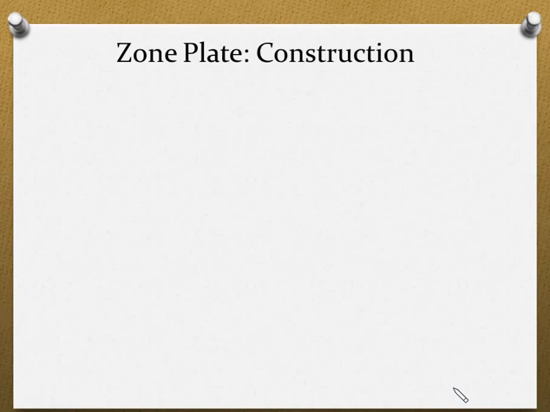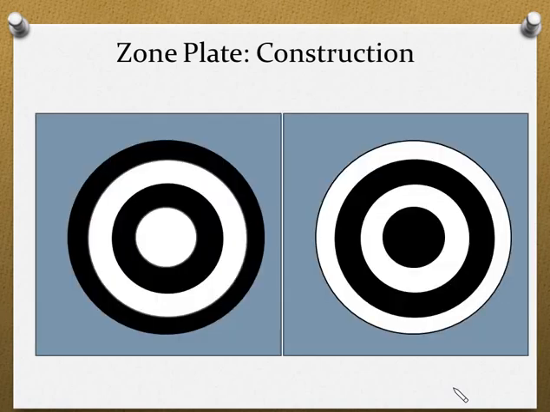Then paste it on a glass plate and make alternate zones opaque. Just like this is the opaque one, this is transparent, this is opaque, transparent and opaque. You can do it either way. You can make the center opaque and then alternate zones bright, and so on.